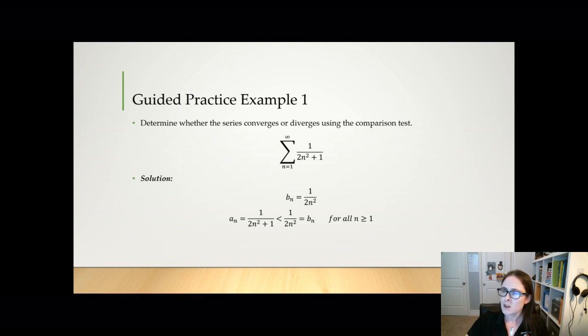Okay. So this is going to be true for all n values, and I can do that just by the explanation I just gave. And so the next step would be to actually figure out whether 1 over 2n squared is a convergent or divergent series. And it turns out that this is a P series where P is 2, and that makes it a convergent series.